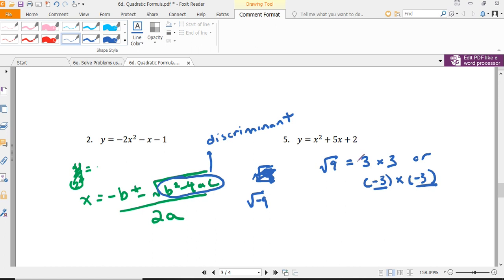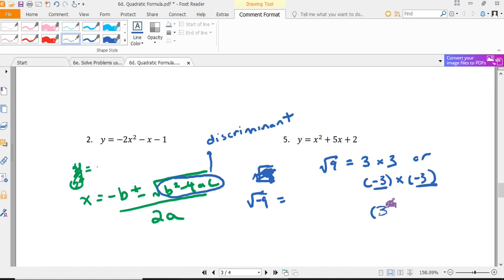Now, if I had a negative number, I need to find a number such that if it multiplies by itself, it will give me negative 9. But how is that possible? In both cases, 2 negatives give me a positive, 2 positives give me a positive. So I need to multiply something by itself to give me a negative, but that won't be possible.